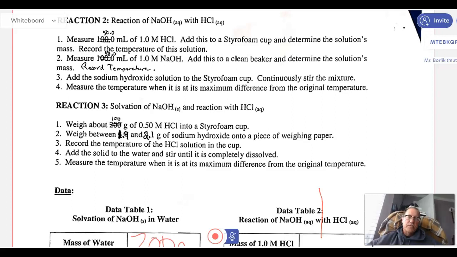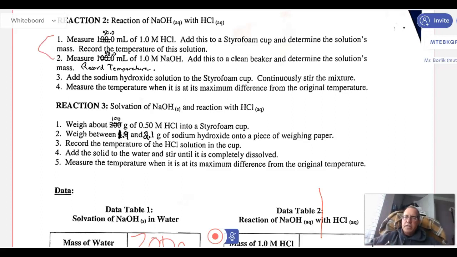Add this to the styrofoam cup. So whenever it says styrofoam cup, that means the calorimeter. So that's going to be our second step. So you're going to probably reverse 2 and 1 on this lab, all right, to correspond with the simulation that we're using.